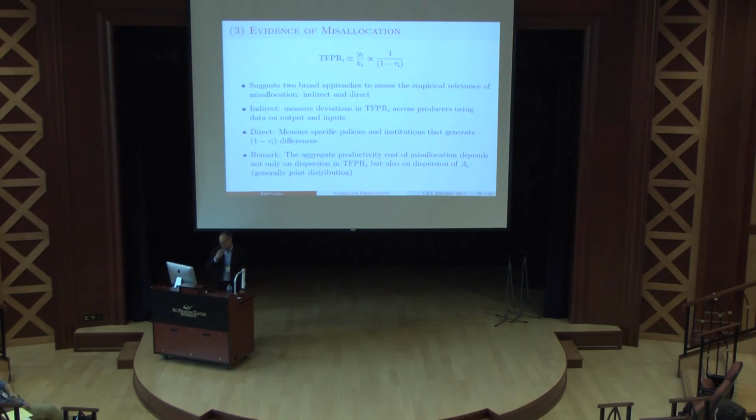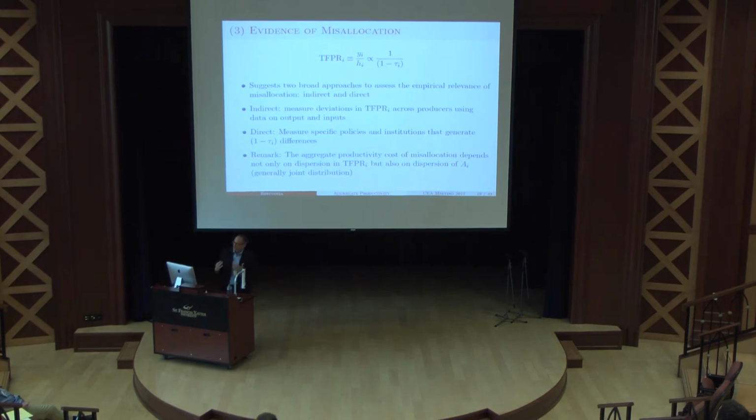But one thing that is going to come out is that there's an important distinction to be made between the evidence of misallocation, which is really about dispersion in these marginal products, and then the consequences of that misallocation, okay? Which is going to be what's the productivity loss, or the reallocation gain that you can obtain if you move to an efficient allocation.